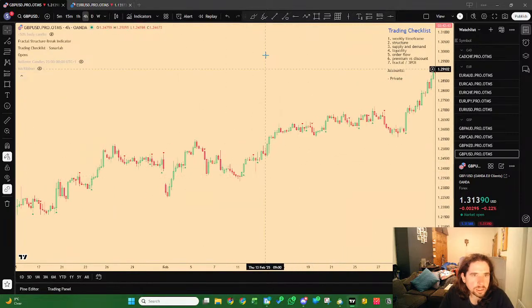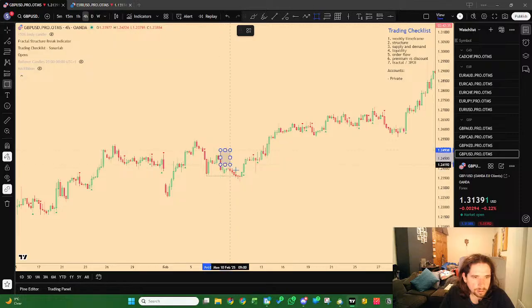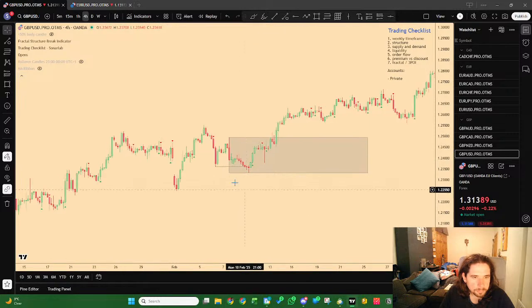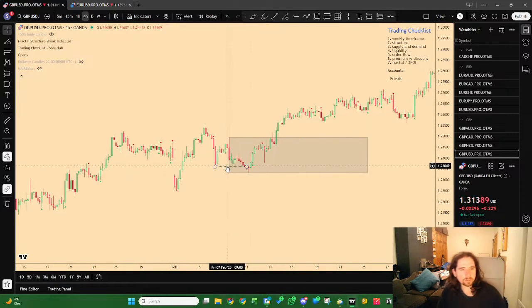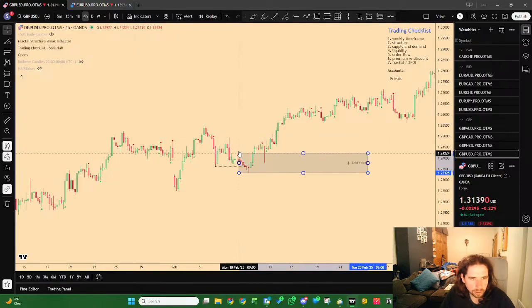You can actually put it here as well. You take liquidity with this area of supply and demand, so you can actually narrow it down to that. It's fine.